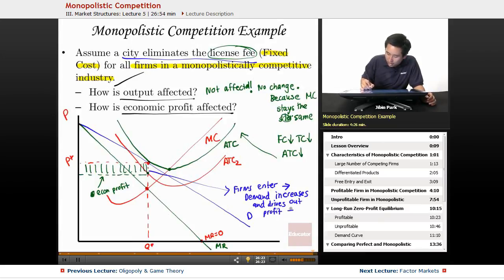Well, individual firms make less. So basically this entire green shaded area is driven out by the increase in the number of firms until it reaches back to the long run equilibrium of zero economic profit.